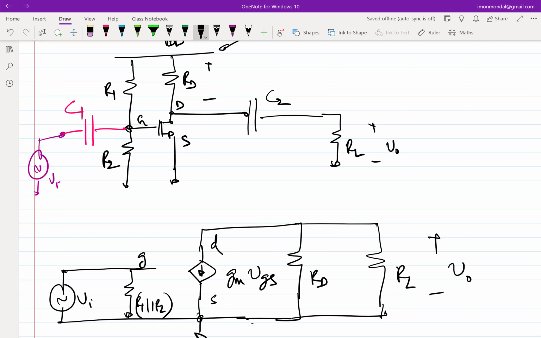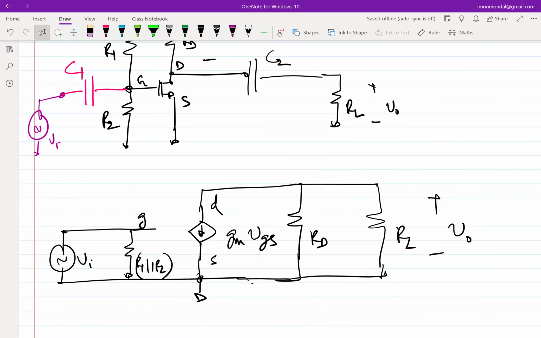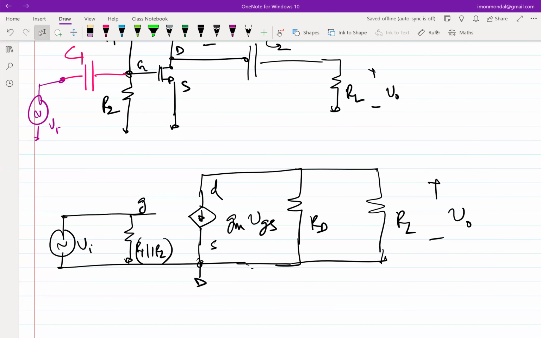Questions? No. Okay. So now that we have the incremental model, finding V0 over Vi should be easy. Can you find it? Yeah, absolute piece of cake. So source is grounded, gate is Vi. So this current, GM times Vi, flows in this direction.